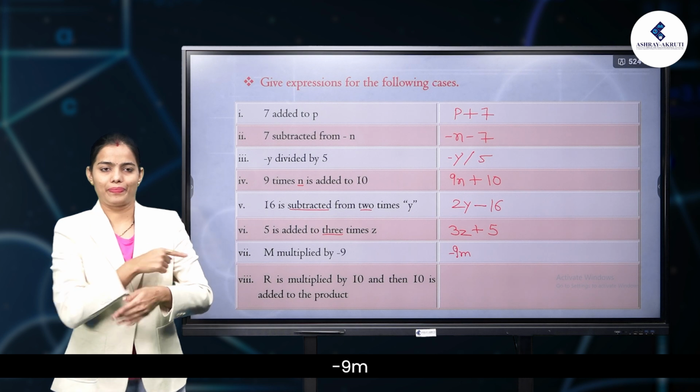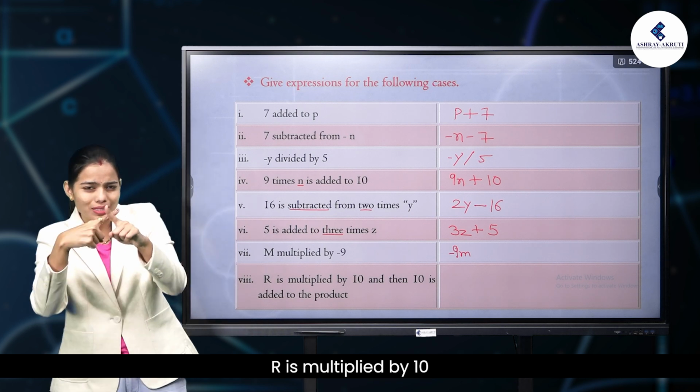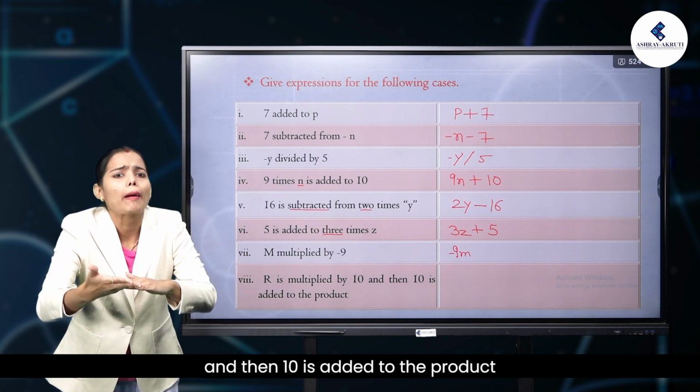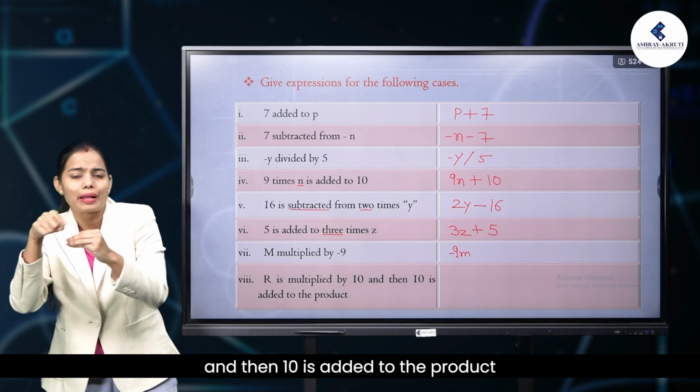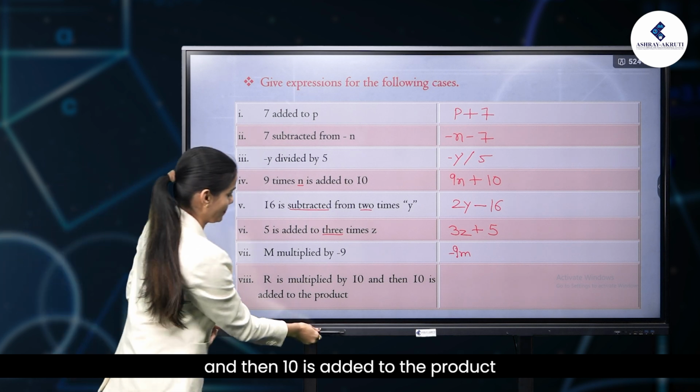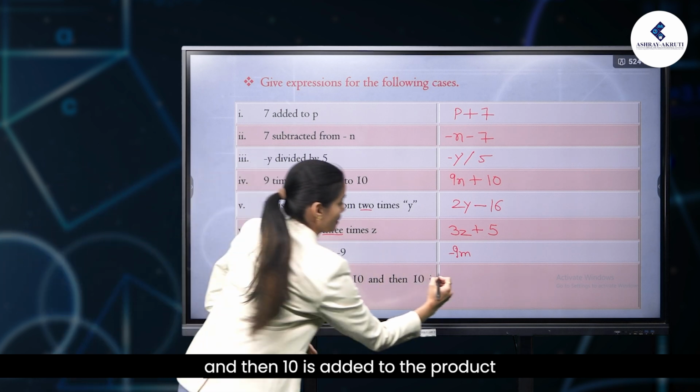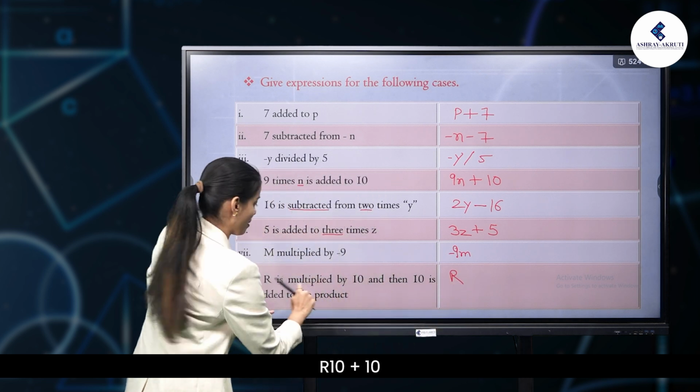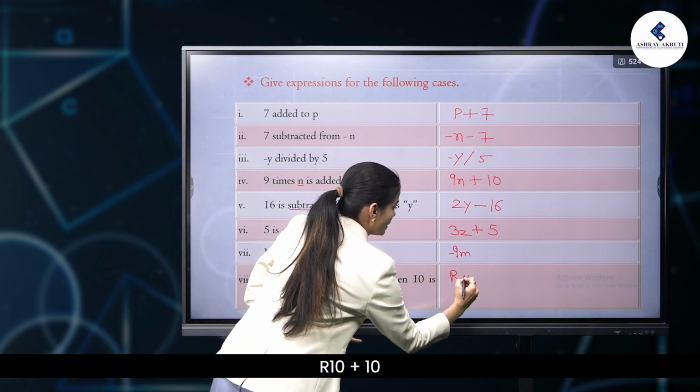Minus 9m. r is multiplied by 10 and then 10 is added to the product. 10r plus 10.